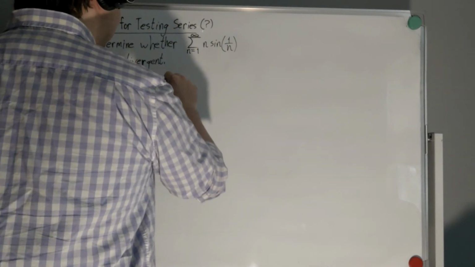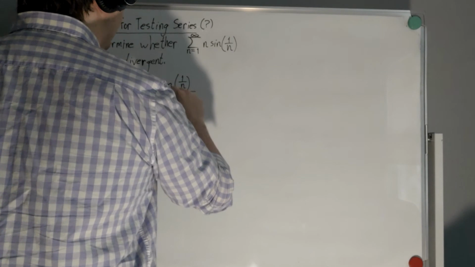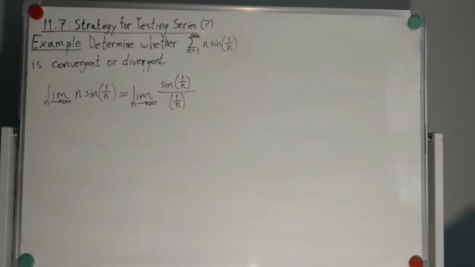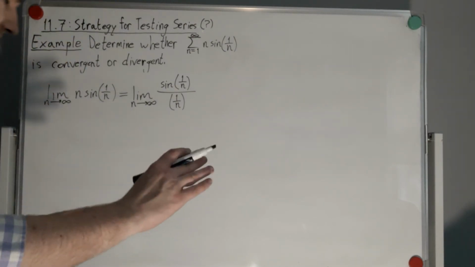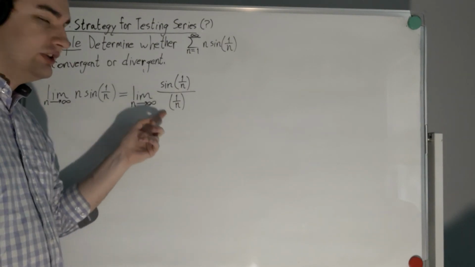We're going to say this is the sine of 1 over n divided by 1 over n. Now, L'Hopital's rule says that if, and I guess I should mention one more thing, this is now an indeterminate form of type 0 over 0.